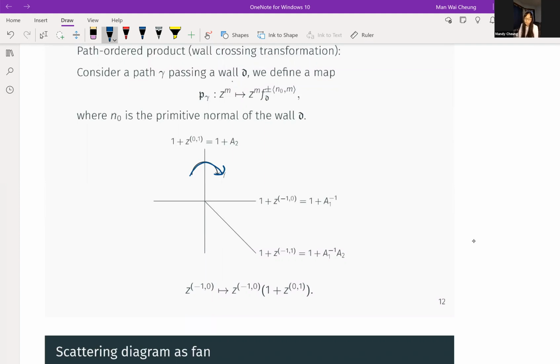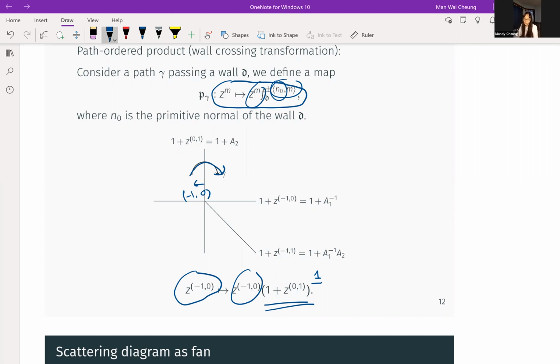When we apply this transformation to, say, the monomial (-1, 0), we keep the same thing and multiply by the wall function to some power. Here we pair m, which is (-1, 0), with the normal of the wall, which we choose in this direction, and after pairing we get 1.